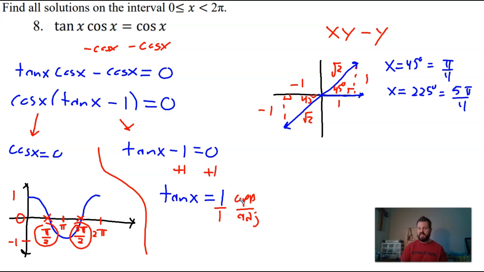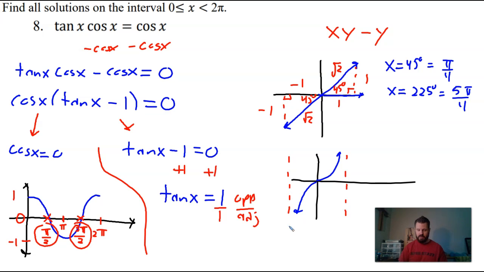Like I said, I could do this one with a graph of the wave. So here's some bonus for you. Remember, our tangent wave looks like so, running between negative pi over 2 and pi over 2. If I want to know where this graph hits 1, well, that's just halfway between 0 and pi over 2. I get pi over 4, the same pi over 4 I got up here.